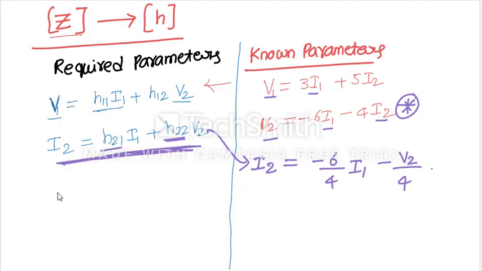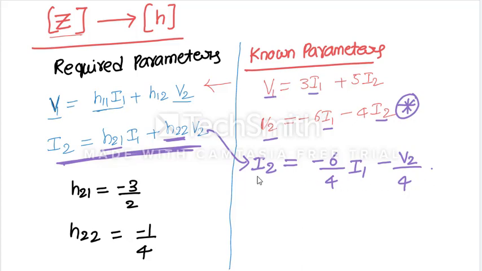Now tell me, in the h matrix, h21 is what? Minus 3 by 2 now, and h22 is how much? Minus 1 by 4. Next, after that, what should we do?